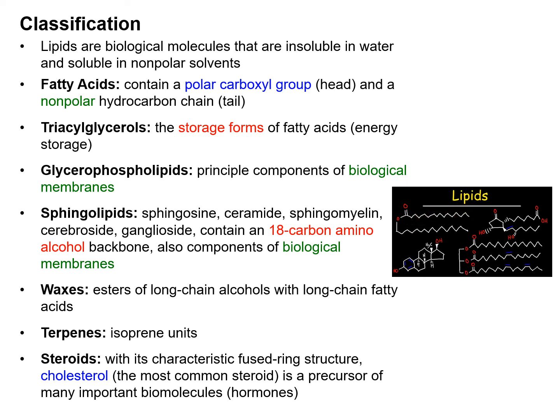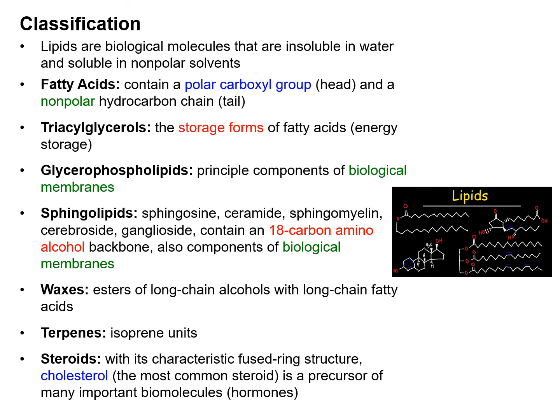Another class is triacylglycerols, where you can see that three fatty acids are linked together, and they are the storage forms of fatty acids, used for energy storage. Another one is glycerophospholipids, which are lipids that contain phosphate and are the principal component of biological membranes.